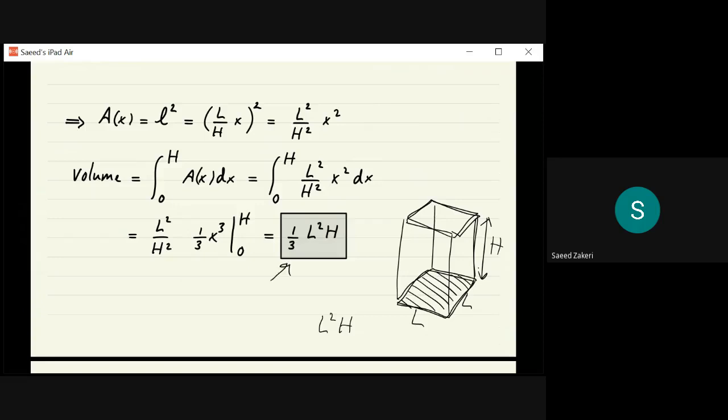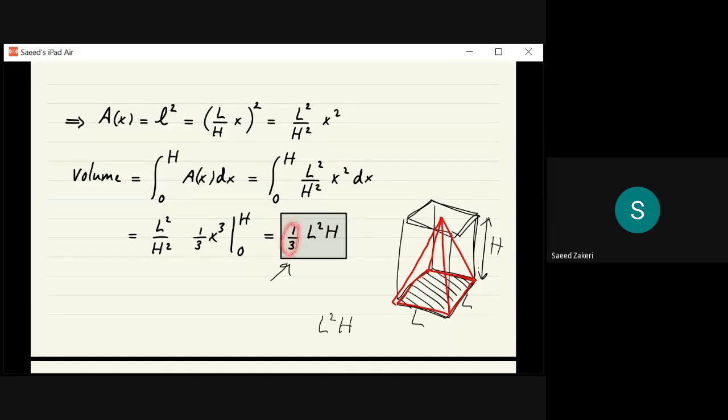What this formula for the pyramid shows you is that the volume of a pyramid with the same size base, but now it's a pyramid, not a box, so it shrinks as it goes up, is a third of the volume of the corresponding box, because of this 1/3.